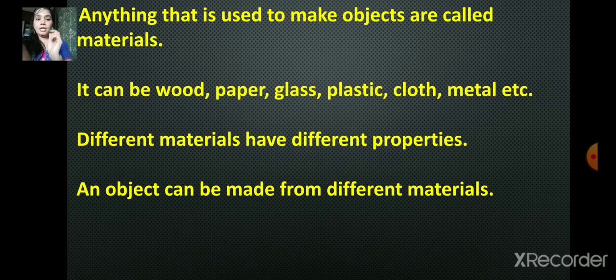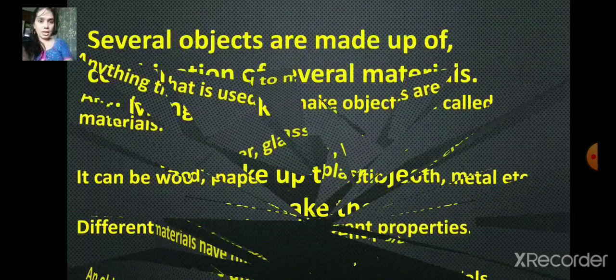So children, anything that is used to make an object is called material. So which material is used to make this pen? Plastic or steel, right? Now we'll move on to the next.